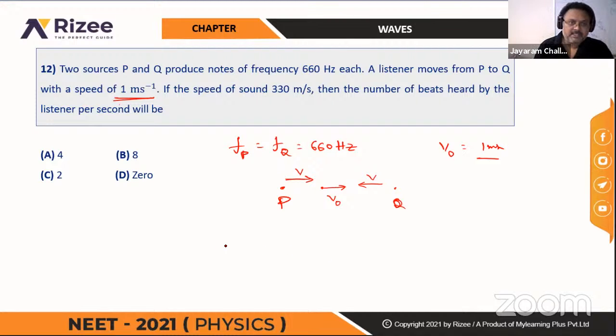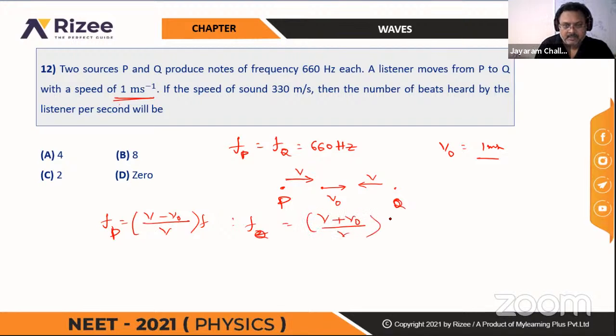Since he is asking the number of beats, let me go for the frequencies first. The frequency of P is V minus V naught by V into F, and the frequency of Q is V plus V naught by V into the original F.